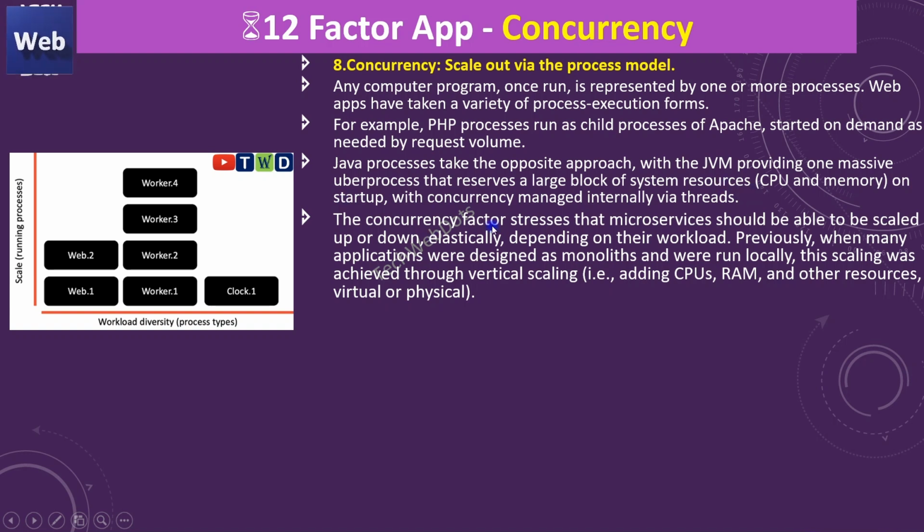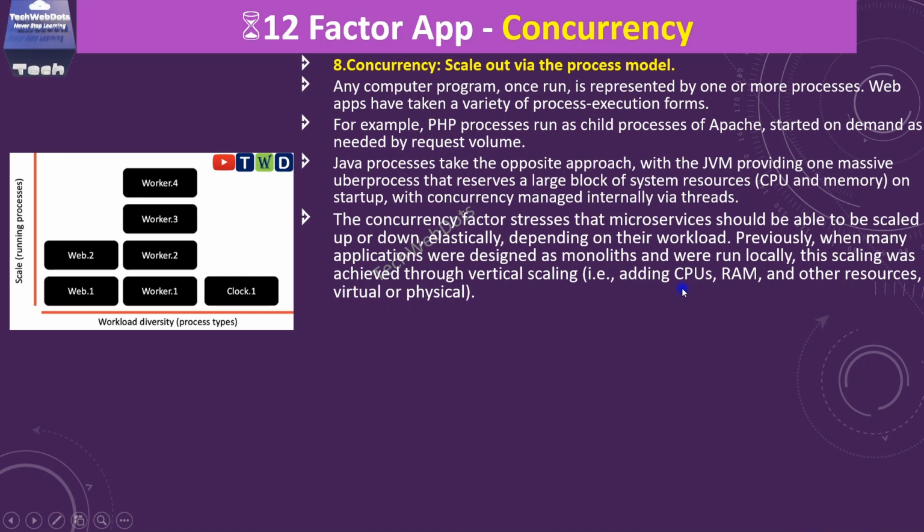So the concurrency factor stresses the microservice, right? Because all these factors are also applicable to microservices, so we will talk about them side by side. The concurrency factor stresses that a microservice should be able to be scaled up and down elastically depending upon its workload. Previously, when many applications were designed as monoliths and were run locally, scaling was achieved through vertical scaling.